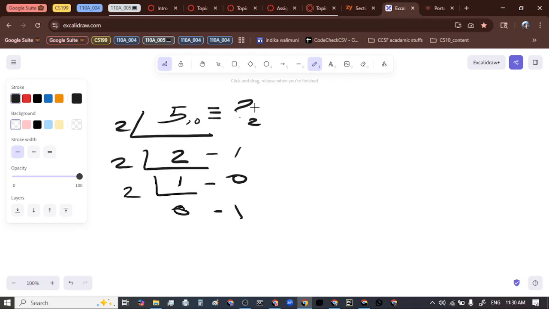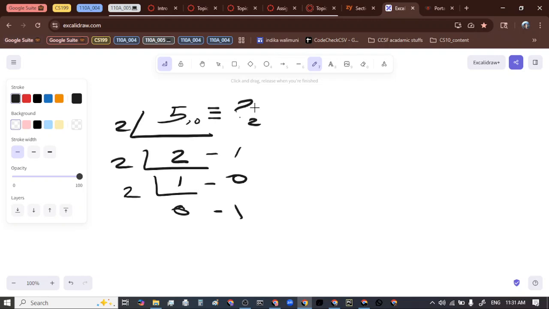If you want base 16, the hex, which we're going to learn shortly, we start dividing by 16. The base we want, we divide by that repeatedly until we reach 0 at the bottom, and then we write the remainders by the side.